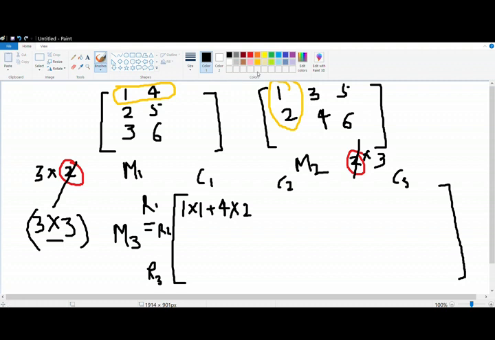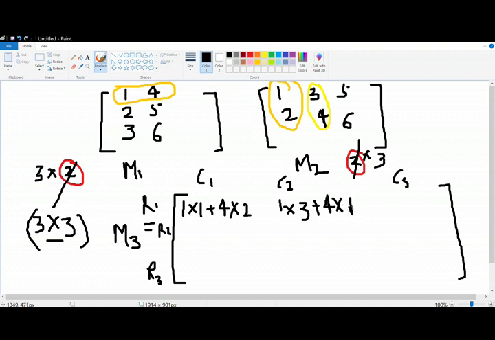Then again we multiply the first row by the second column to get the R1 C2 element: 1 into 3 plus 4 into 4.